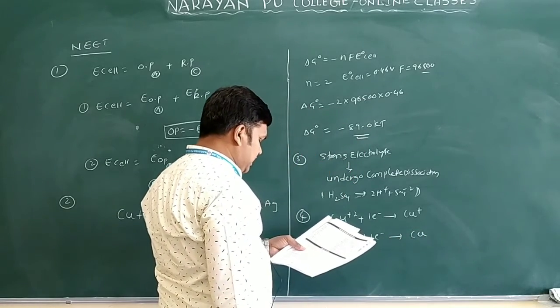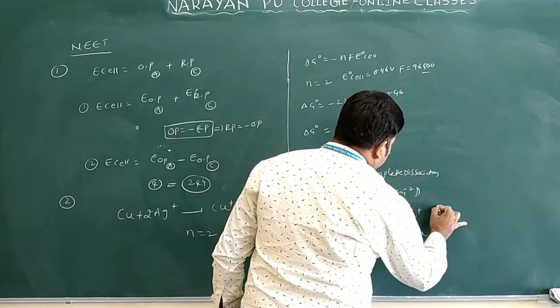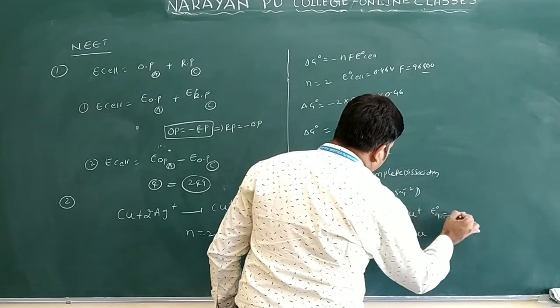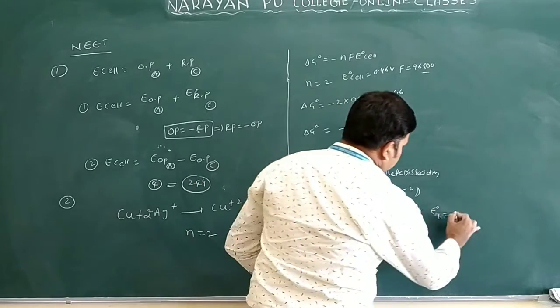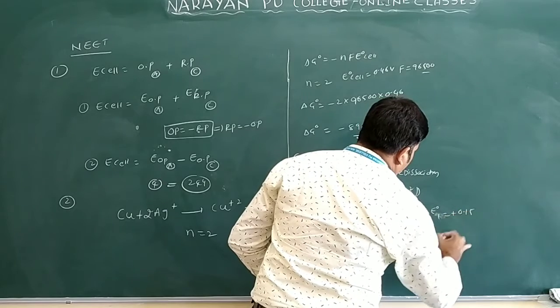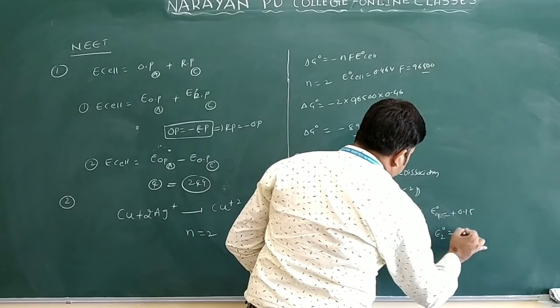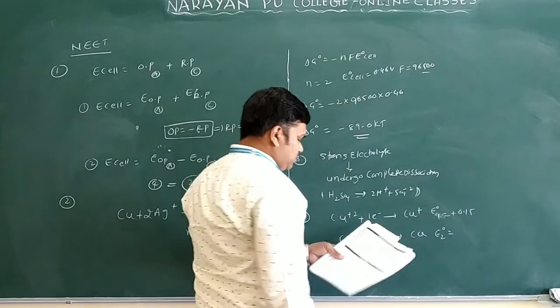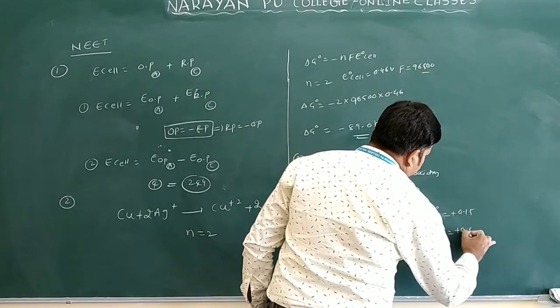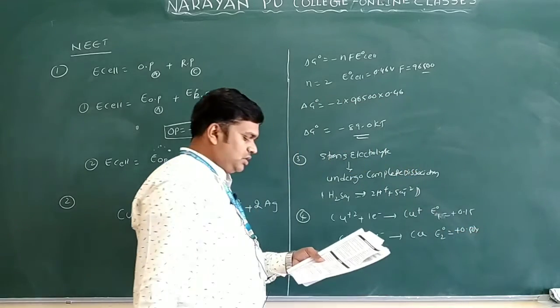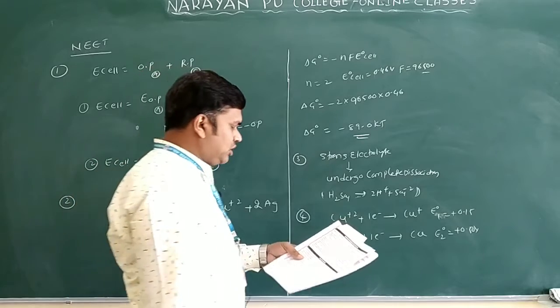The potentials are given. I will take this as E1, which is plus 0.15, and this as E2, which is plus 0.50.